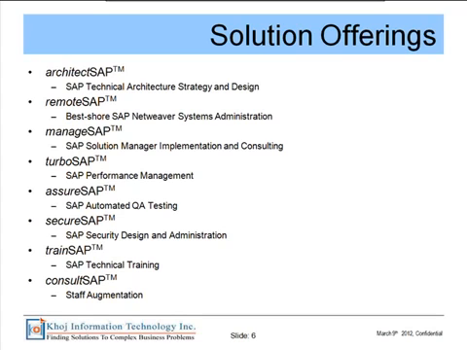Assure SAP, this is SAP Automated Quality Assurance Testing. This is automated testing for SAP using products from HP, like HP Quality Center, HP ALM as it is called right now, LoadRunner, QuickTest Professional.